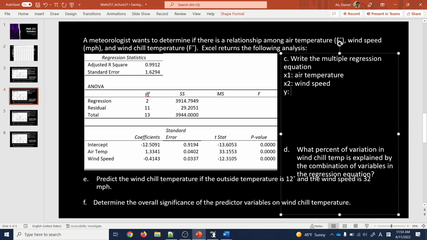So what's the y? The thing that you're trying to predict, right? Wind chill temperature. Okay.